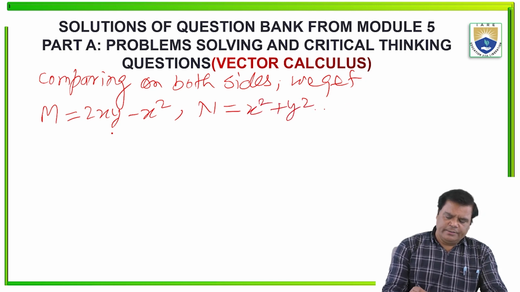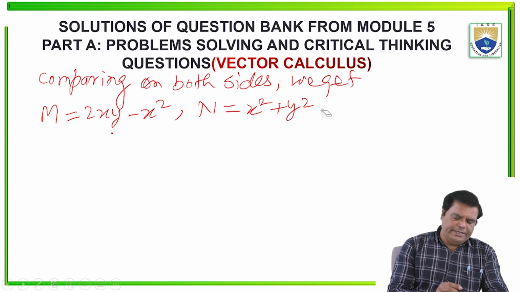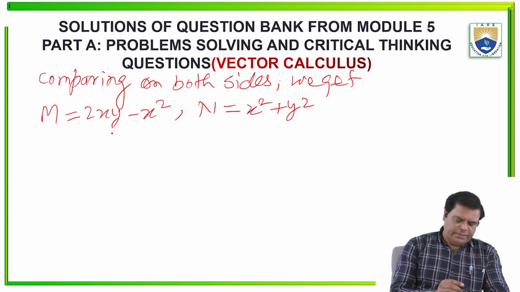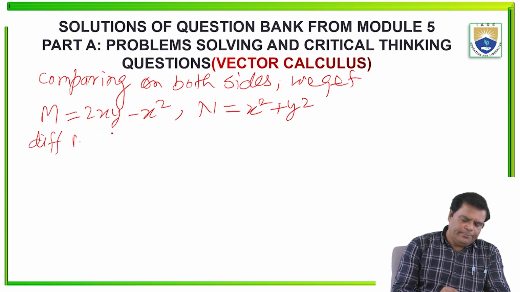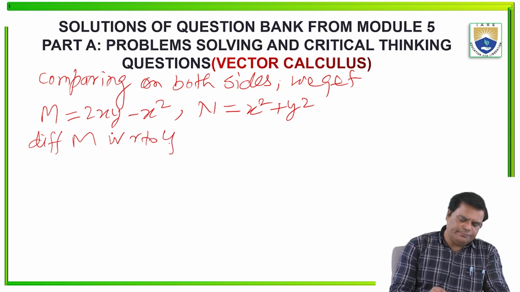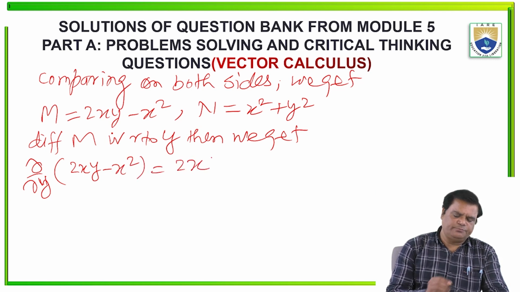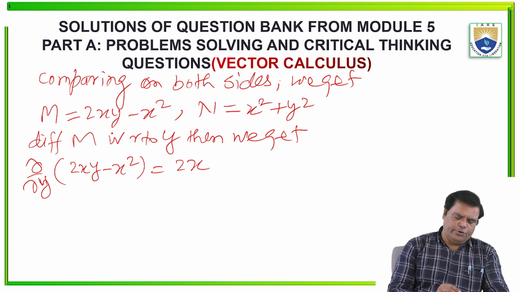Now differentiating M with respect to y, M is 2xy minus x square, so ∂M/∂y is 2x.